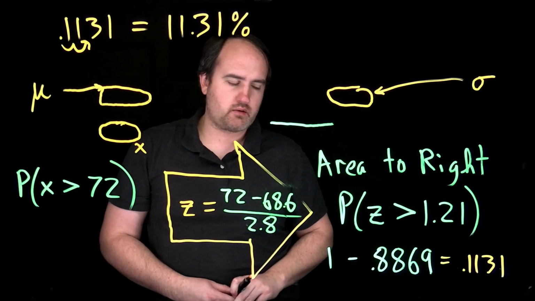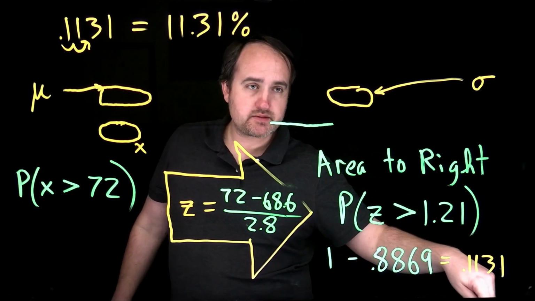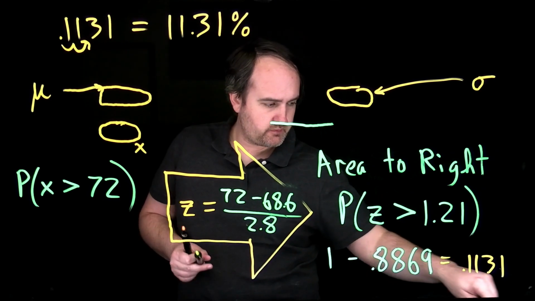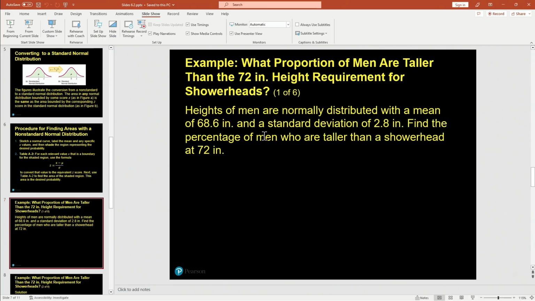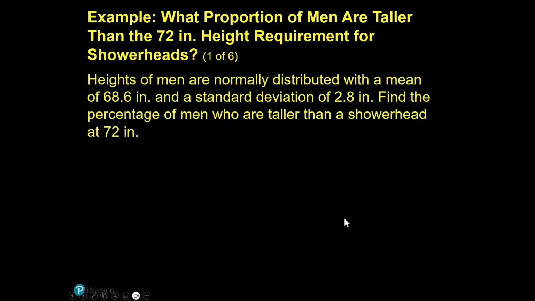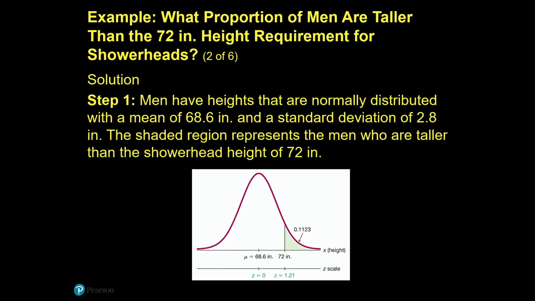All right. So let's go ahead and return to the slides while I erase all this stuff. The example that we just did was covered in detail in our book as well and on these slides.